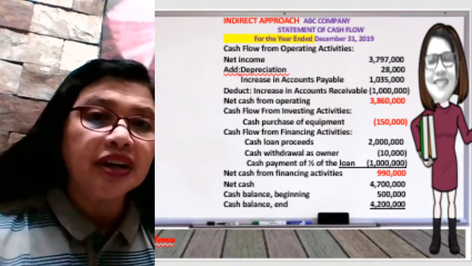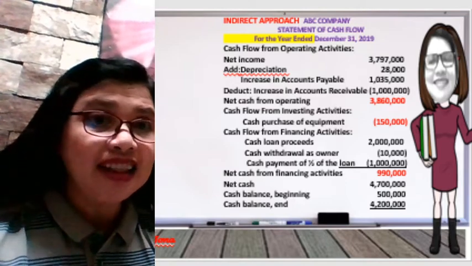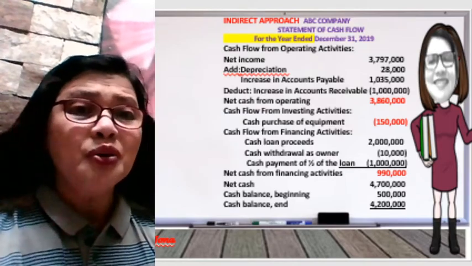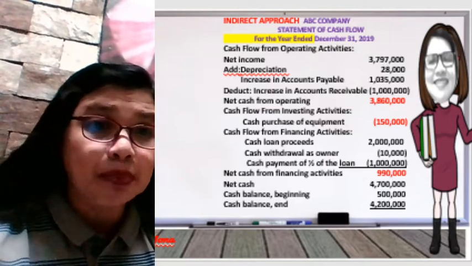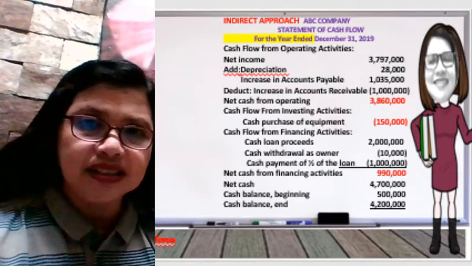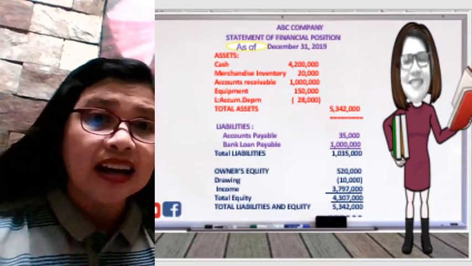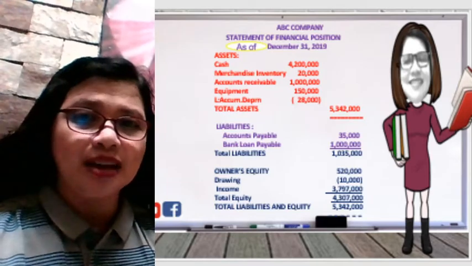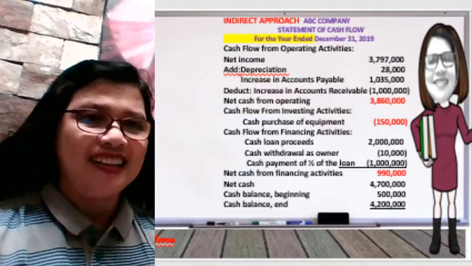Then you deduct your cash balance beginning, you get your cash balance at the end of 4,200,000. Who got this right? Okay, so where do you get your cash balance at the end? In your balance sheet. Okay, let us check if you have done it right. Okay, see, the cash balance at the end is 4,200,000, meaning you did your cash flow perfectly.